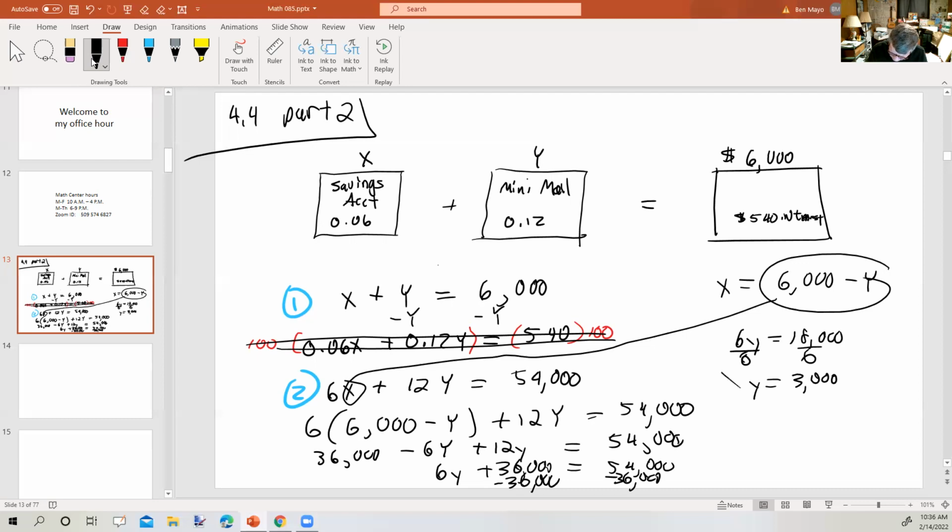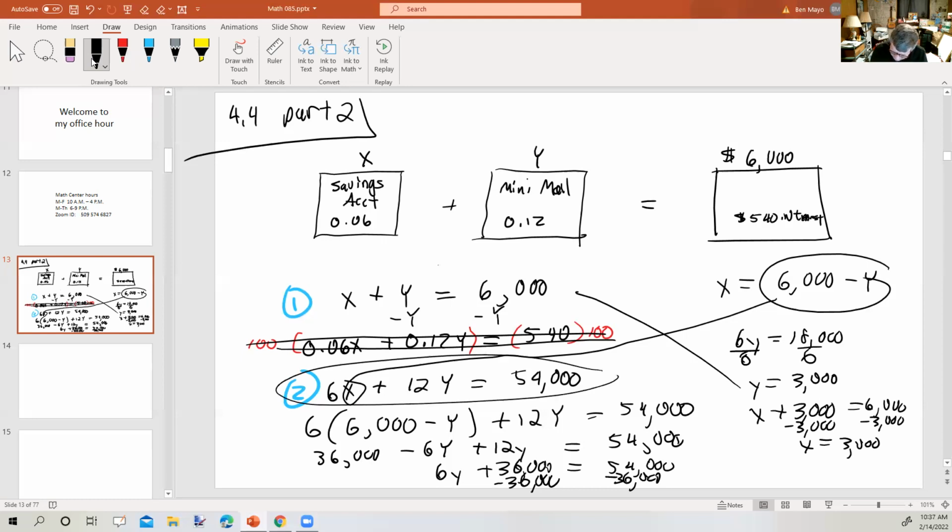Plugging that into this top equation, I get x plus 3,000 equals 6,000. Solving for x by subtracting 3,000 from both sides, I get x equals 3,000. Checking it in this second equation, 6 times x plus 12 times y equals 54,000. This is 18,000 plus 36,000, 54,000 equals 54,000.